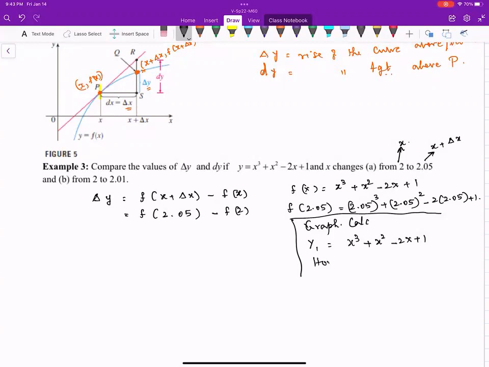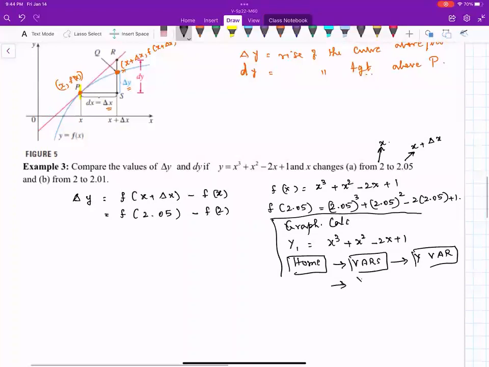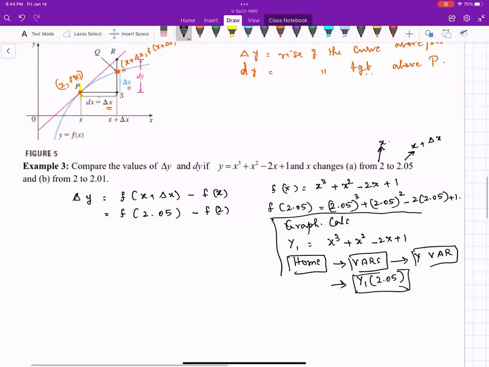Then you go to the home screen where you do addition and subtraction. In the home screen, you actually use the VARS feature. Then you go to the Y-VARS feature. Then you pick Y1. This will come up on the home screen, and use the parentheses and substitute 2.05 or whatever number you want to input.